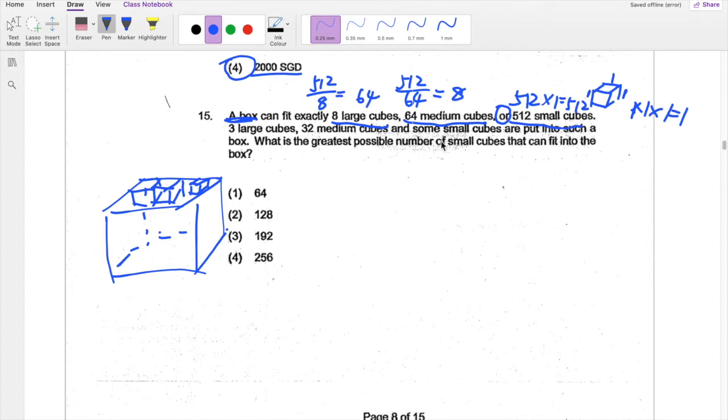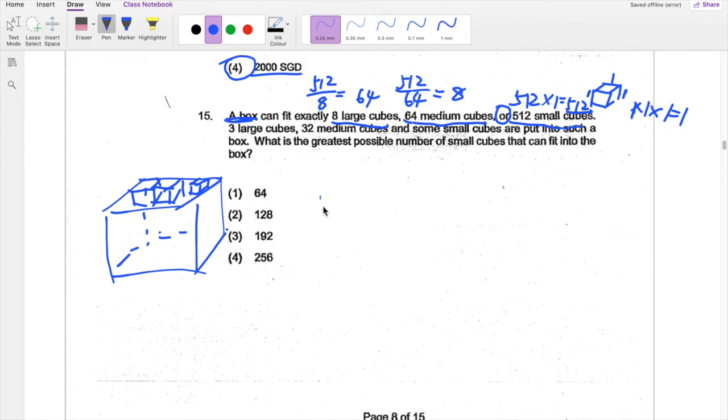So here it says if we put 3 large cubes, 32 medium cubes, and some small cubes to fit into the box, what is the greatest possible number of small cubes that can fit into the box? Well, we know that the total volume, already confirmed, is 512. Then we calculate the volume these things have already occupied. Then we can calculate the volume which is left not occupied.